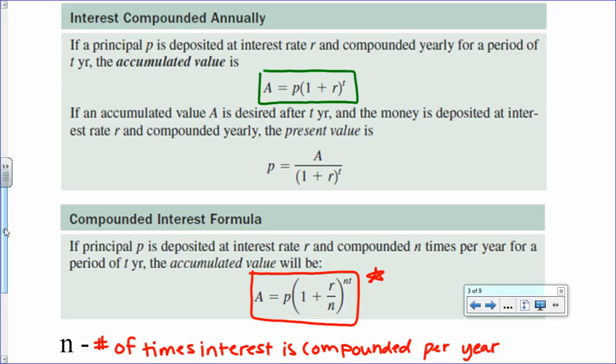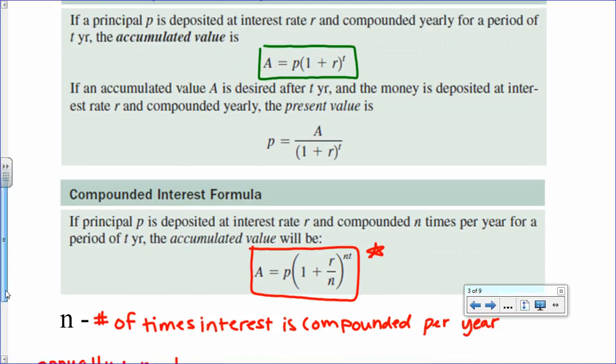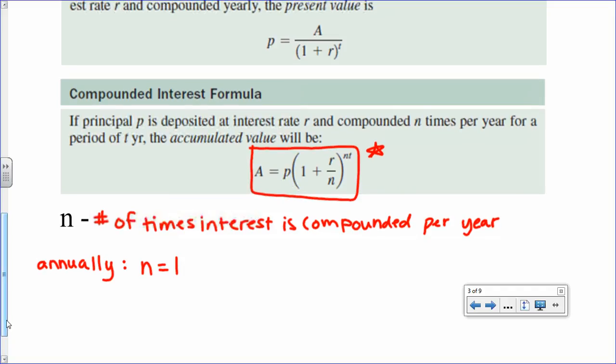Okay, but this is the one we have to know because we'll be able to get this one in green based off this formula. Okay? So we have annually. If you have biannually, so if interest is compounded biannually, N would be 2. Okay?